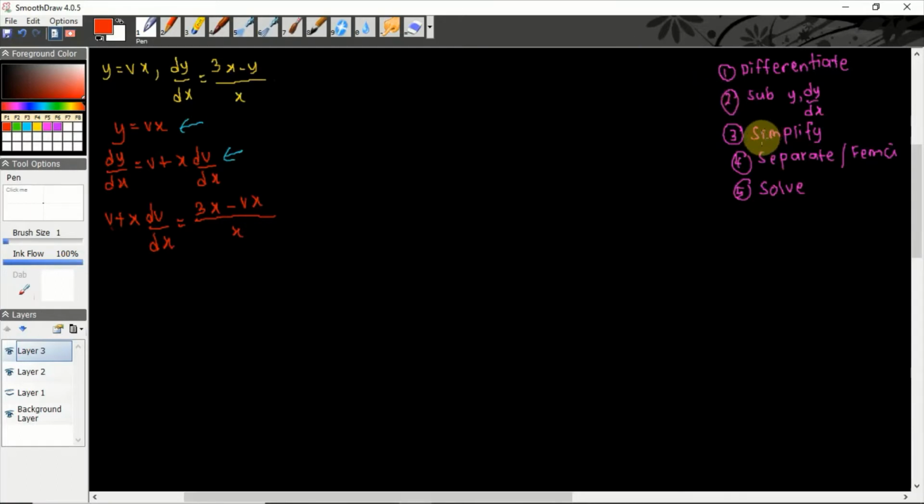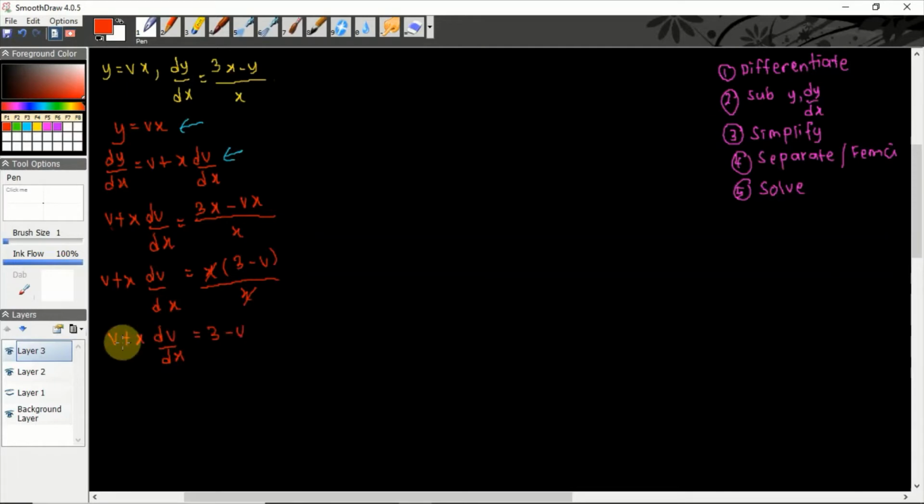Next is we simplify. Here we see that we can take out our x, so it becomes (3 minus v) over x. This part stays the same, v plus x dv/dx, and then we can cancel. Therefore our equation is v plus x dv/dx equals 3 minus v.